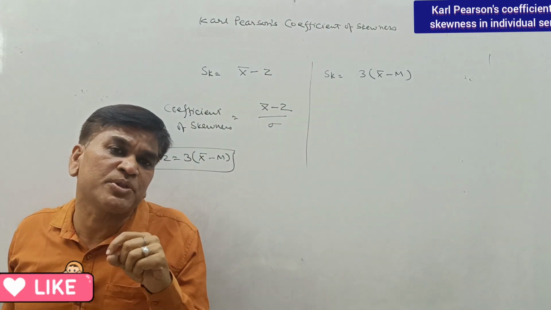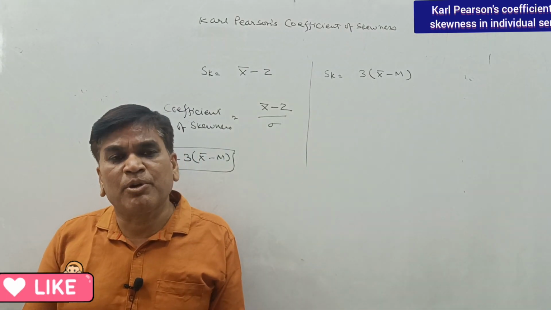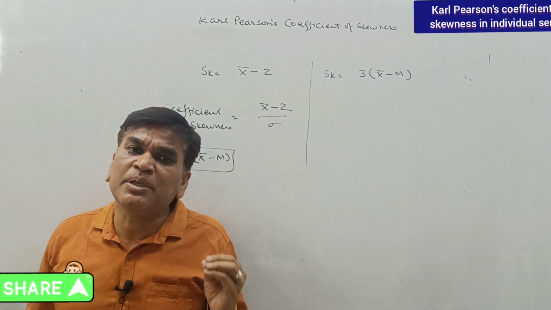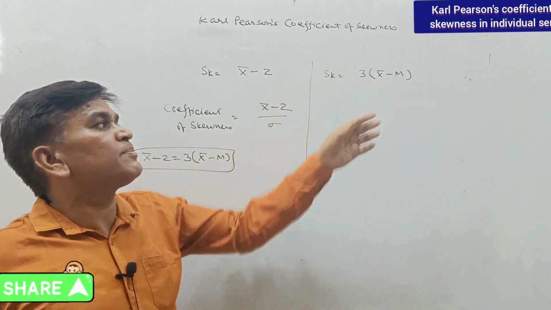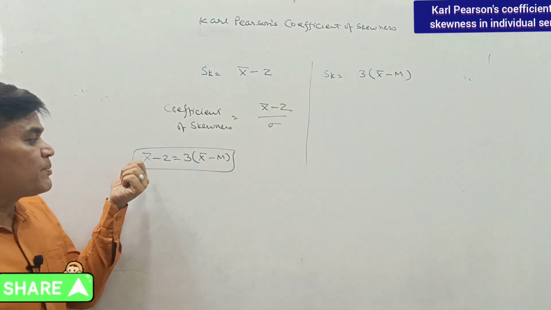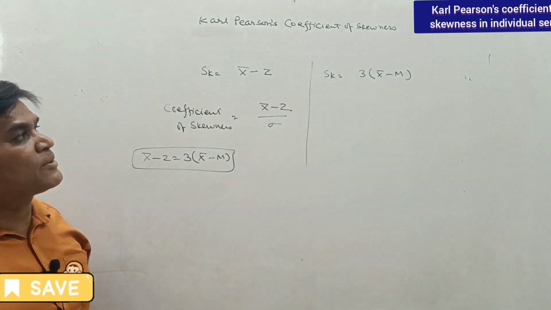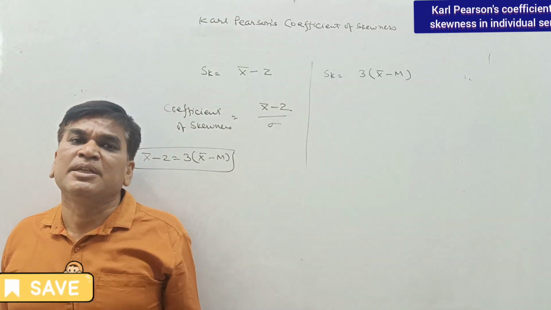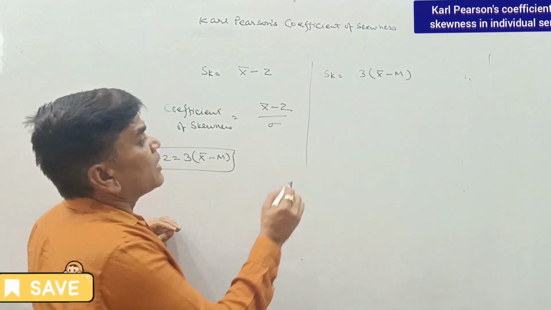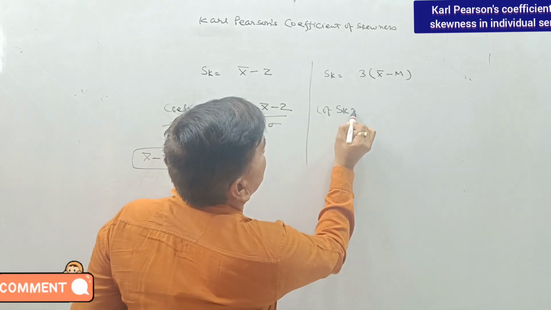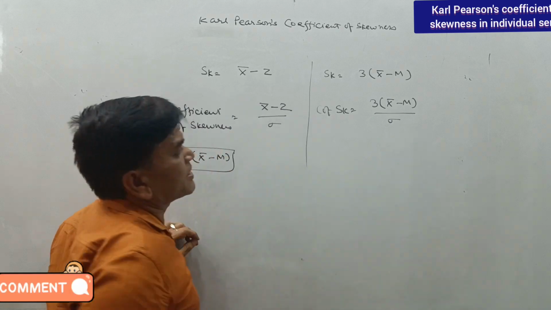Firstly we use arithmetic mean minus mode, but in case we are unable to measure the mode, we use this, because x bar minus z is equal to 3 times x bar minus m. So skewness is 3 times x bar minus m, and the coefficient of skewness is 3 times x bar minus m divided by the standard deviation.